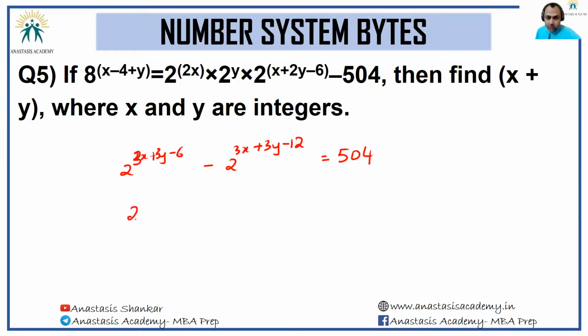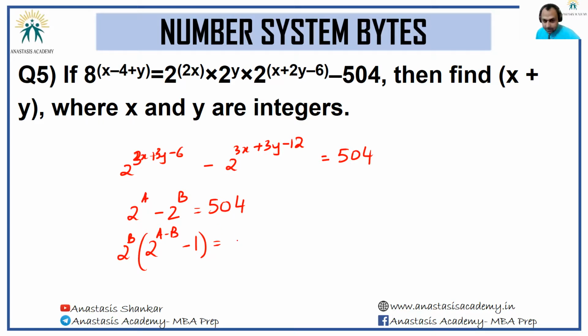Can you see this is 2 raised to the power a minus 2 raised to the power b is equal to 504? This is what we have reached. Between a and b, of course, b is smaller. So if I take b common, I'll be left with 2 raised to the power b into 2 raised to the power a minus b minus 1 is equal to 504, and now break this up into prime numbers.